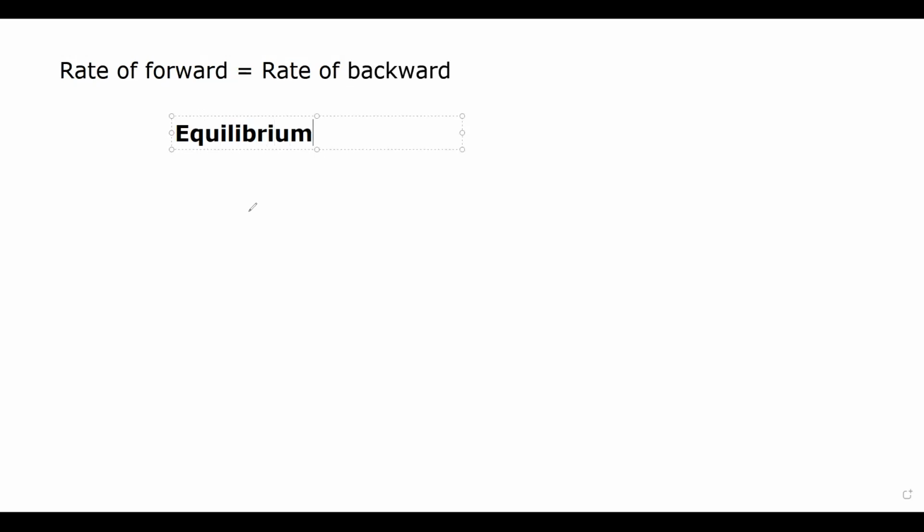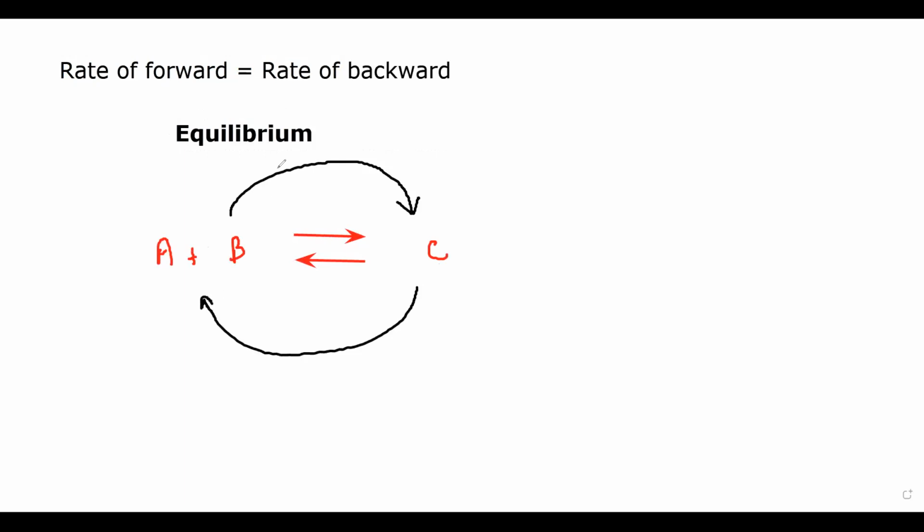So if we have two reactants, for example A and B, and when they react with each other they form a product C, and this product C can decompose and form back the reactants again. If A and B are reacting and forming C, and at the same time C can decompose and form back A and B, with equal rates of formation and decomposition, then we say it is at equilibrium.